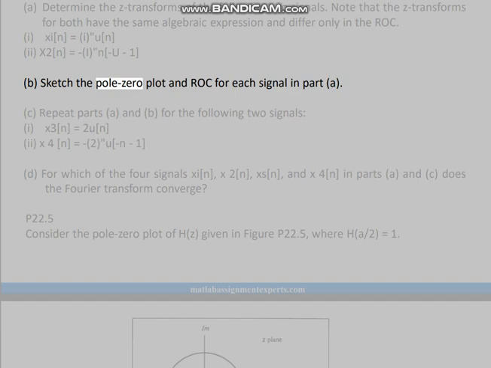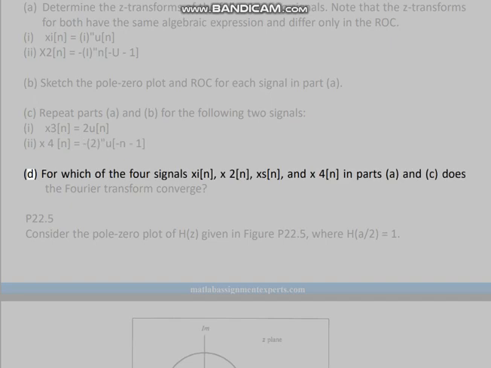B. Sketch the pole-zero plot and ROC for each signal in part A. C. Repeat parts A and B for the following two signals: x3[n] equals 2^n u[n], x4[n] equals minus 2^n u[-n-1]. D. For which of the four signals x1[n], x2[n], x3[n], and x4[n] in parts A and C does the Fourier transform converge?